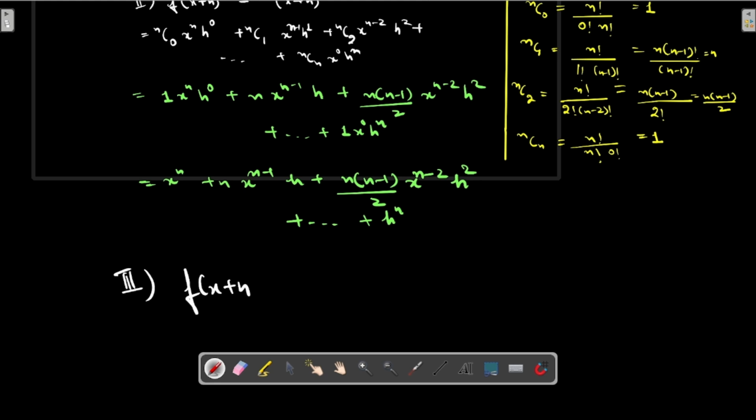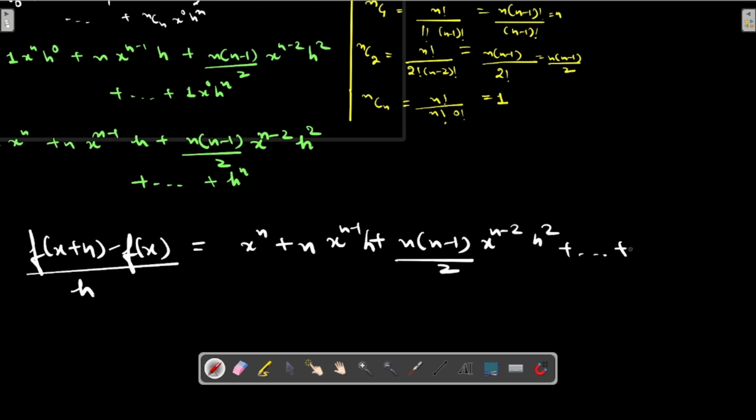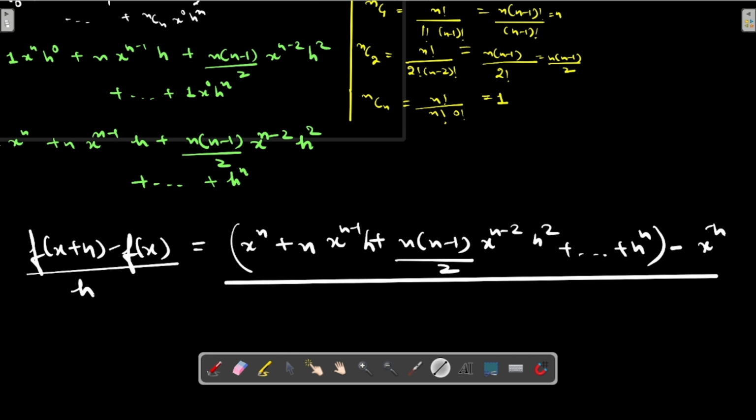So f of x plus h minus f of x upon h. So this is x to the power of n plus n x to the power of n minus 1 h plus n into n minus 1 over 2 x to the power of n minus 2 h square, so on, plus h to the power of n, minus, what is f of x? x to the power of n, and then we are dividing it by h. x to the power of n and x to the power of n is cancelled, right?